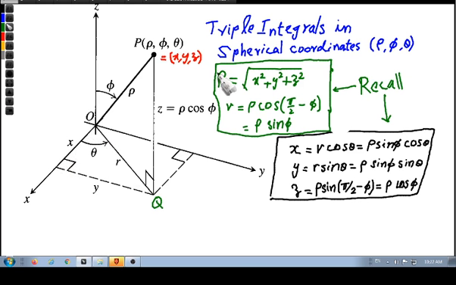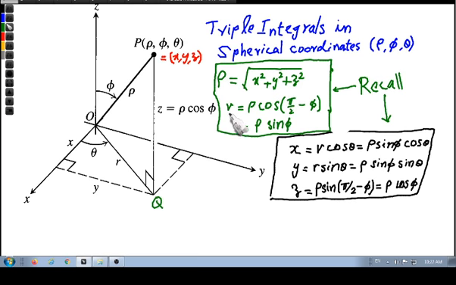Okay, now what are the relations between rho, phi and theta with x, y and z? Since this point is x, y, z and rho is the distance from the origin to this point, rho is equal to, as usual, square root of x square plus y square plus z square.